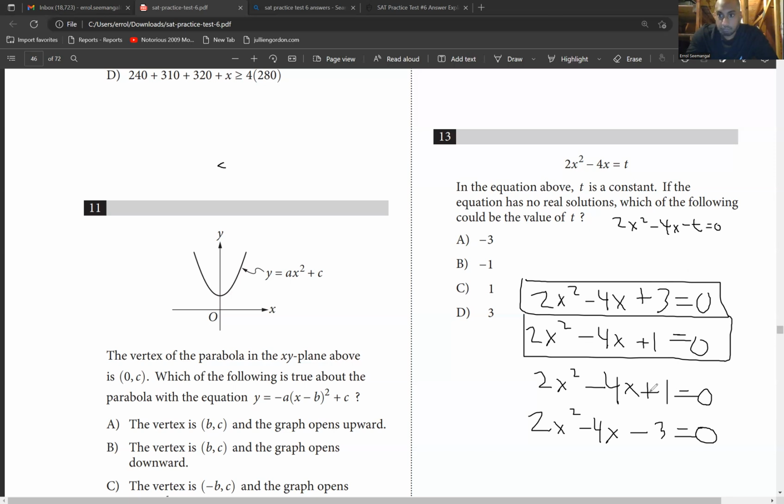This one should be -1. Case 2, two numbers that multiply to 2 and add to -4. Is there two numbers like that? I don't think so. Case 3, two numbers that multiply to -2 and add to -4. No. Case 4, two numbers that multiply to -6 and add to -4. No.